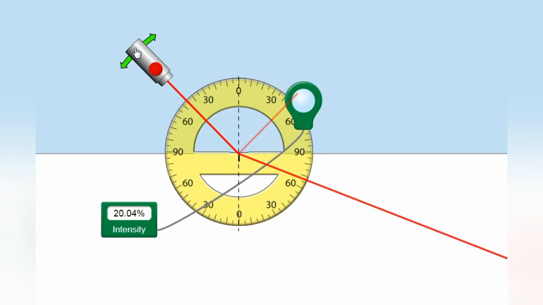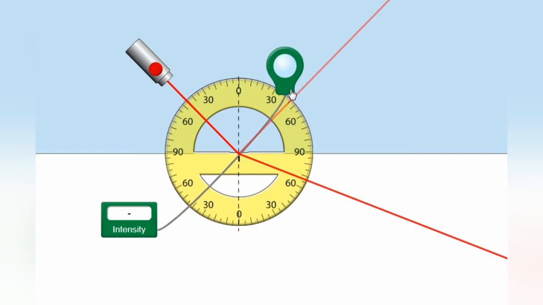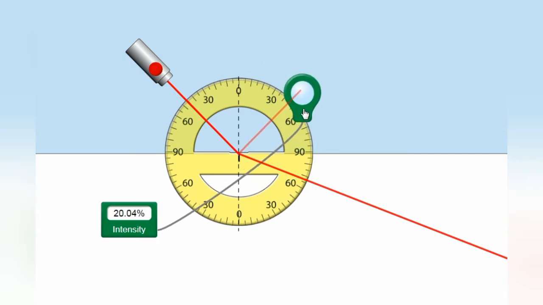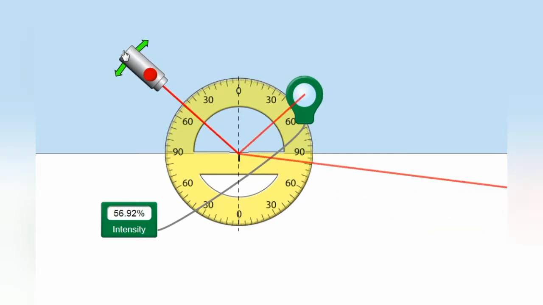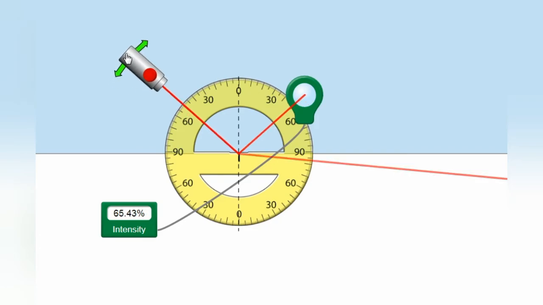So at an angle of 55 degrees we are getting only 79% in the refracted and only 20% in the reflected light. As we increase the angle, at an angle of 50 degrees, we will get 100% intensity.